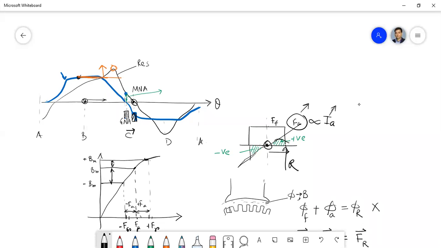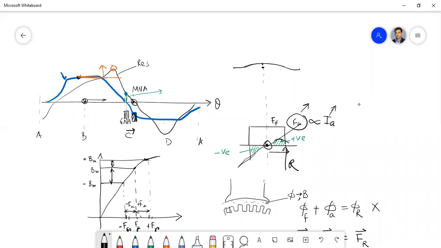Did you understand? There is no benefit in doing something at the pole's center, because at the pole center the effect of armature reaction is minimum. This point has the minimum armature effect. Now, if we go further, then the effects of the armature become more and more.